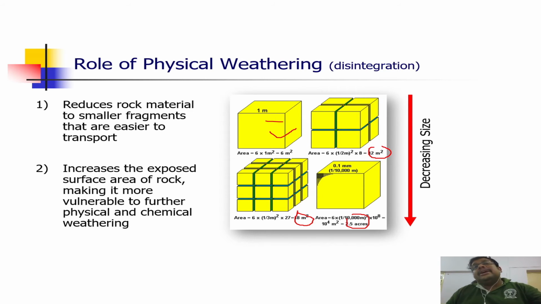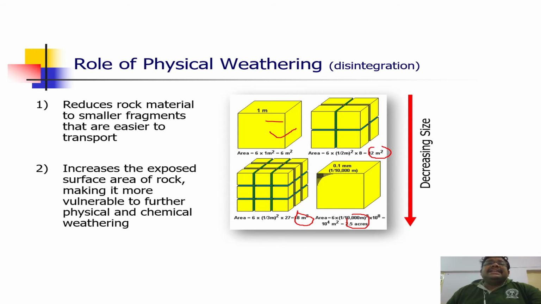So basically, when we decrease the size, there is an increase in the surface area. As we have discussed, chemical weathering is mediated through different chemical reactions. So as the size of the rock fragments goes down, we get more and more reactive surface which will undergo chemical reaction.